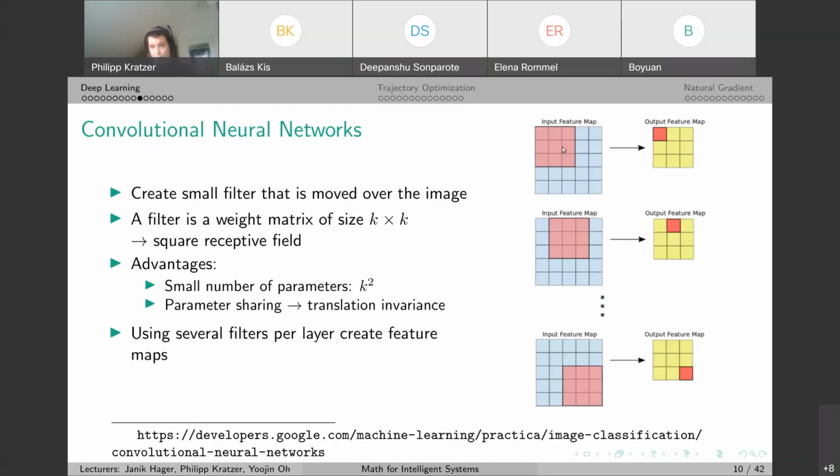To compute this value, it gives this output, we move it once further, compute the next output, and we move it over the whole image till we have it applied everywhere. And the main advantage, as I said, is that we share weights between all those applications and thus have fewer parameters.